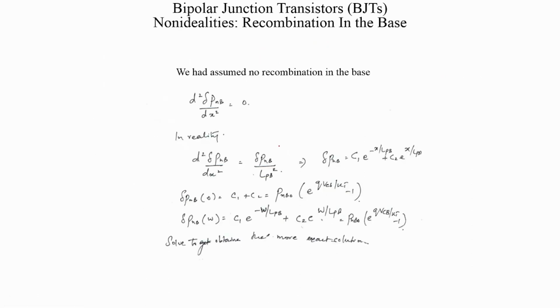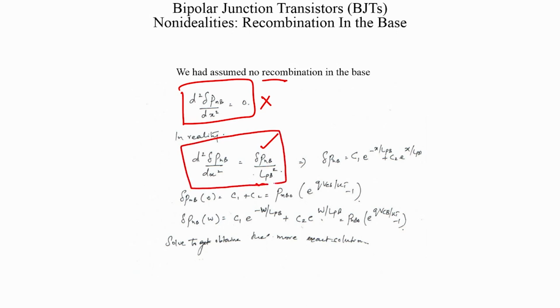So, first let us look at the recombination in the base. We had assumed that there is no recombination, and therefore, we had gone ahead and used this equation, but in reality this equation is not completely correct. There is a small amount of recombination, and therefore, the correct differential equation should involve a component like this.